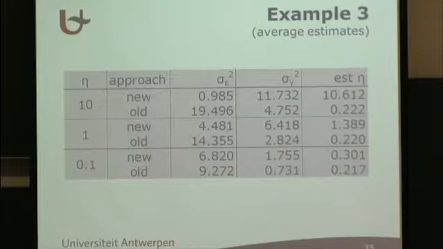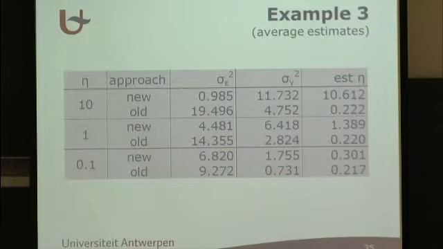And for both designs we simulated data, assuming that the total variance of the responses was 10, and using variance ratios of 10, 1, and 0.1. Now, what happens if we generate data with a variance ratio of 10?